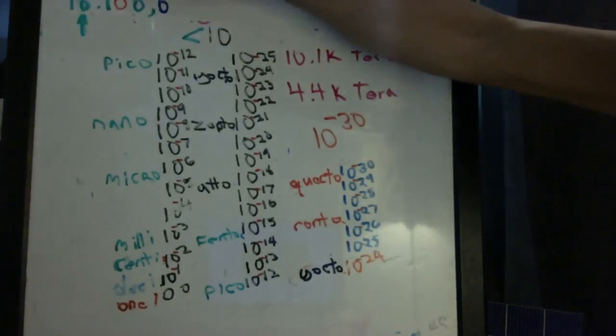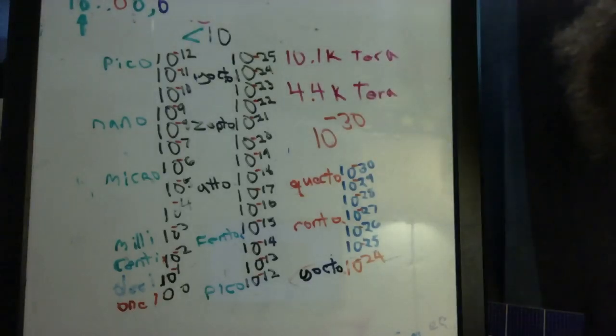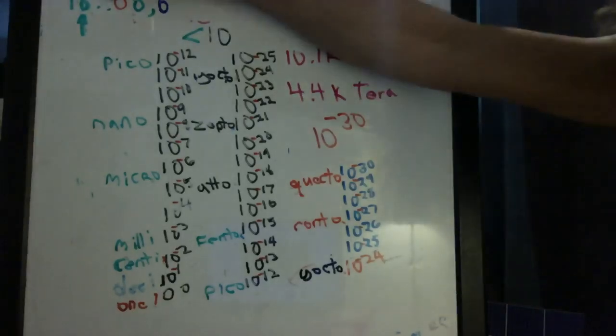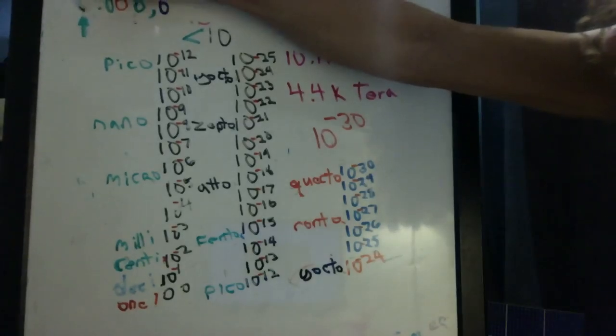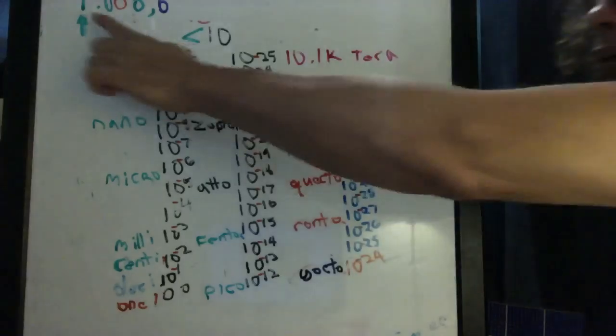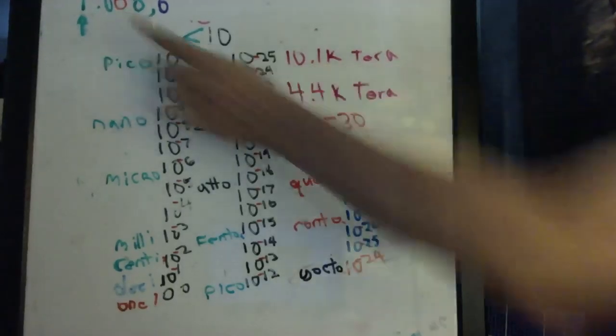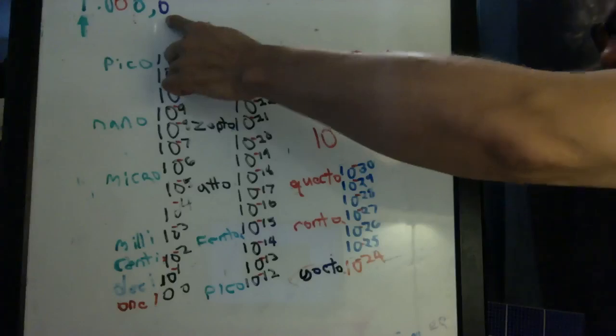I'm going to make this a 0 so nobody gets confused that my 1 is actually right here. 1, 10, 100. 1 10,000th.